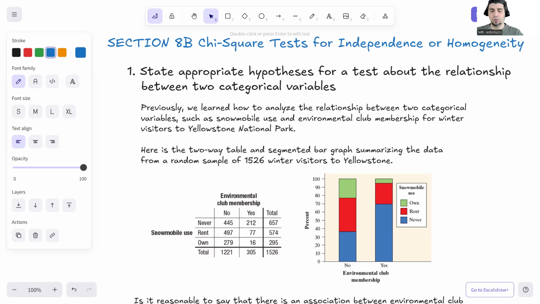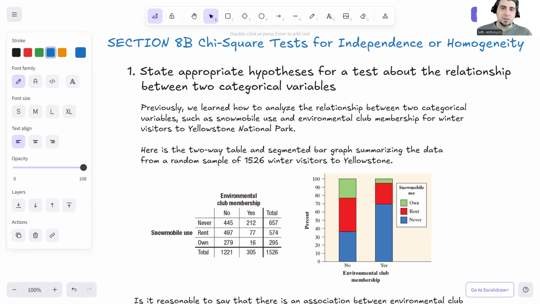So here's the two-way table and segmented bar graph summarizing the data from a random sample of 1,526 winter visitors to Yellowstone. Now, for both the chi-square test for independence and the chi-square test for homogeneity, I'm going to say chi.